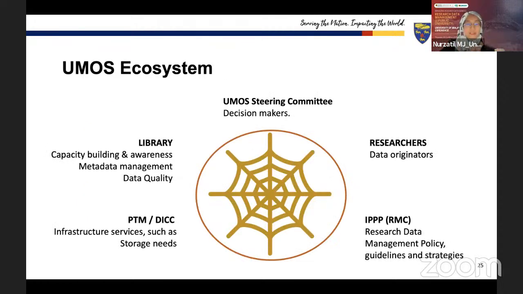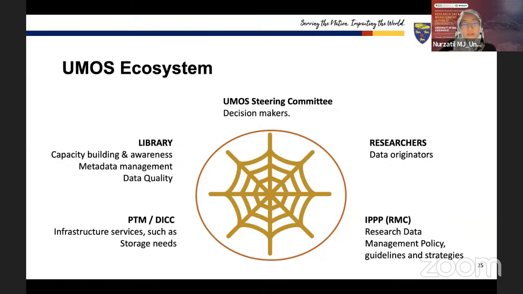When we talk about the UM Open Science ecosystem, I imagine something like a spider web. We have different kinds of people who are needed to build this RDM or open science ecosystem. Of course, the steering committee is all about decision making. But at the end of the day, at the level of implementation, we need people to implement the RDM and make it a culture on campus.